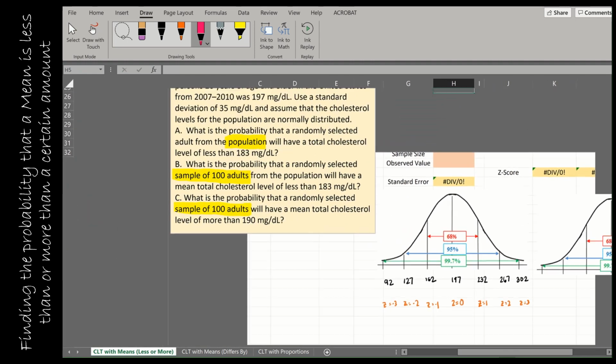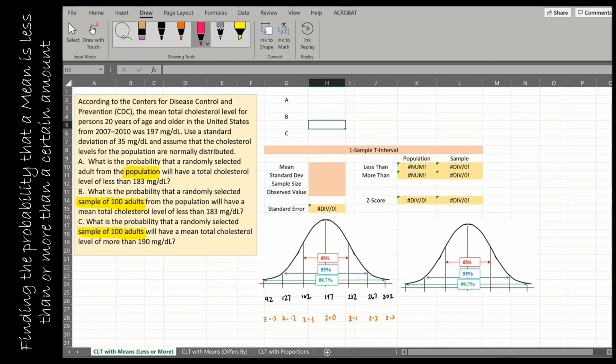Now, keep in mind that if I were to find a z-score for those, that would be a z-score of 0 for the middle, 1, 2, 3 to the right, and -1, -2, -3 to the left. Again, because a z-score is the measure of how many standard deviations our value is away from the mean.